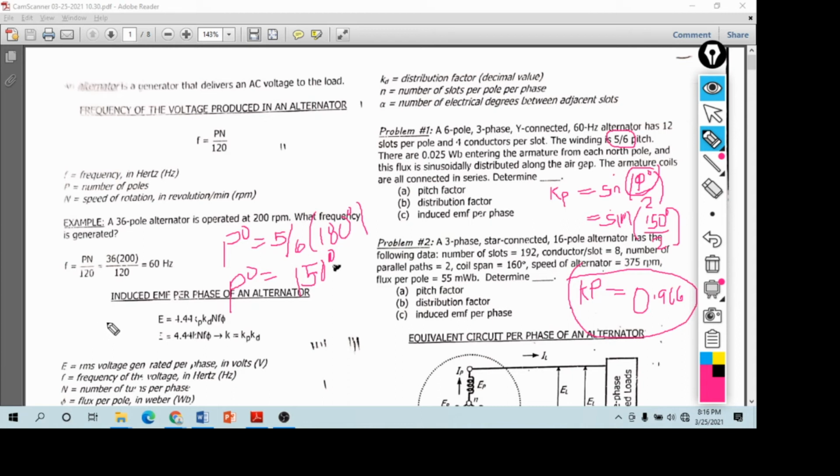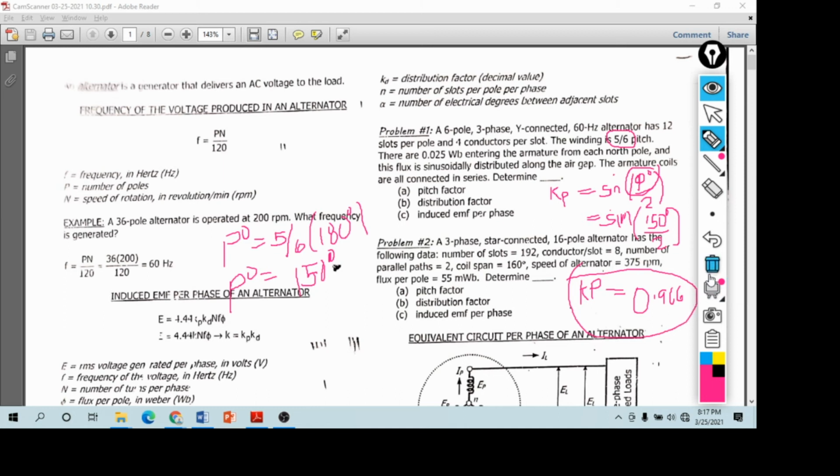So instead of having one, if you convert that into a percentage, only 96.7% is developed for the induced EMF.